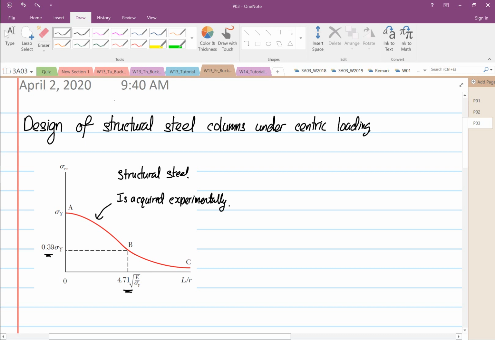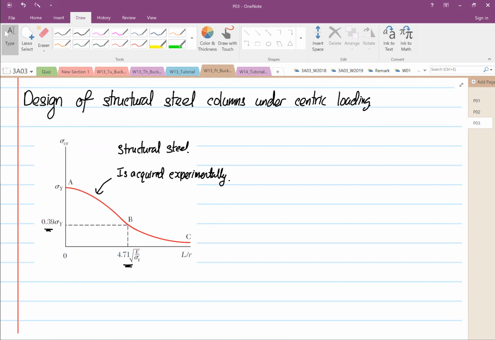So if your L over r and your critical stress is between A to B, we look at between A to B. You will calculate your critical stress based on this formula over here.